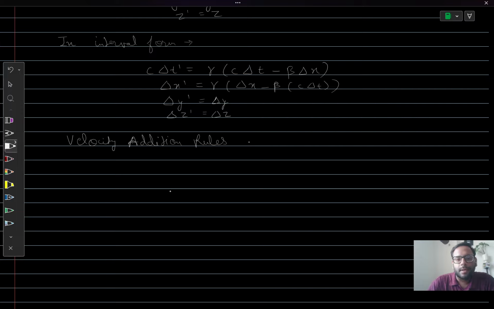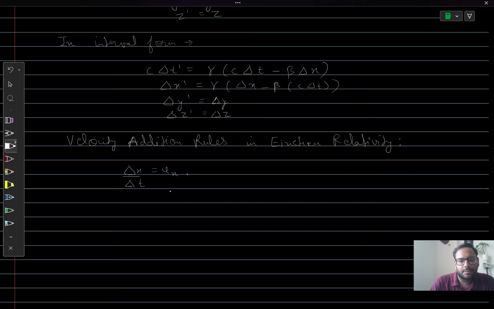Velocity addition rules in Einstein relativity. And how will you do that? In a similar fashion. You just define again the same thing.